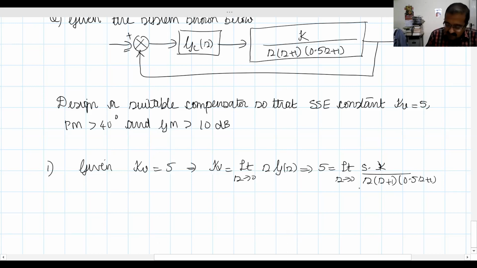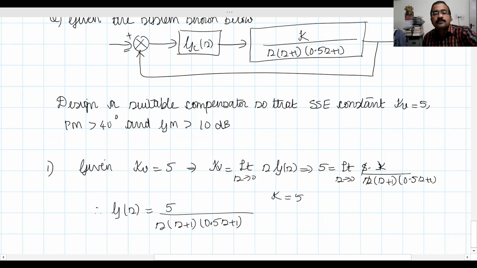So this S and this S get cancelled. As S tends to 0, you will get K as 5. So K equal to 5. Our plant transfer function now will be 5 divided by S into (S plus 1) into (0.5 S plus 1).